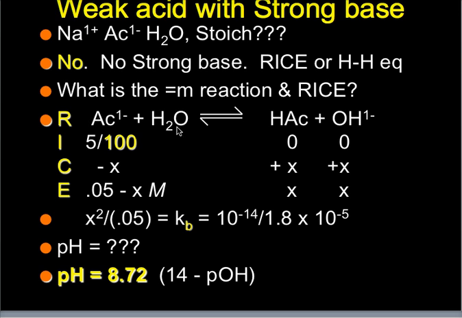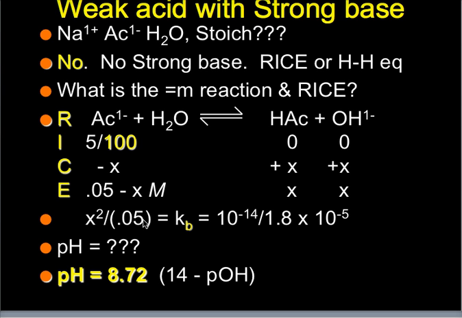And so what you have to do is consider the fact that this is a Kb. The acetate ion is acting as a conjugate base, reacting with water to produce acetic acid and hydroxide ion. So you'll have to go ahead and calculate Kb, which is Kw divided by Ka, in order to find the pH.